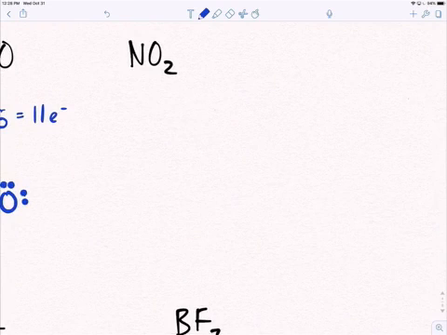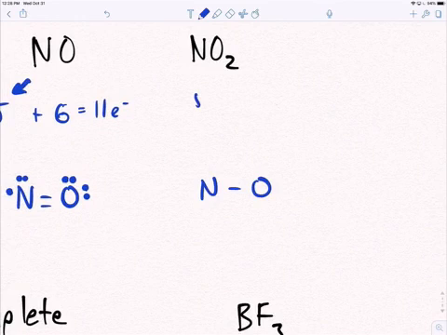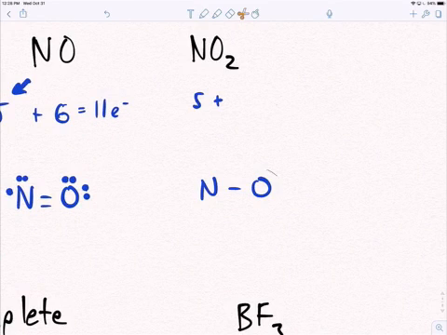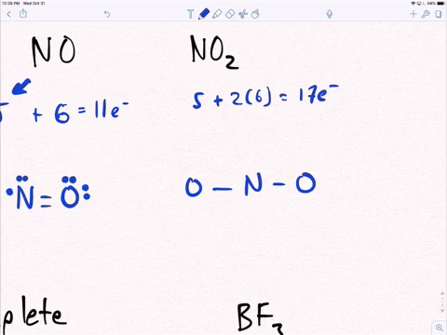What about NO2? Nitrogen has 5, plus we have, oh wait, we have 2 oxygens, and then we have 2 times 6, so we have 17 electrons.